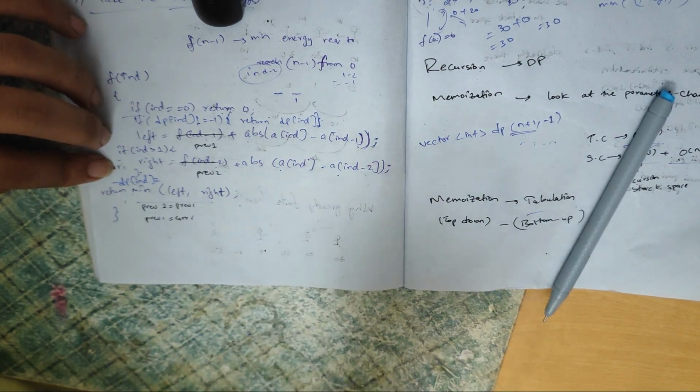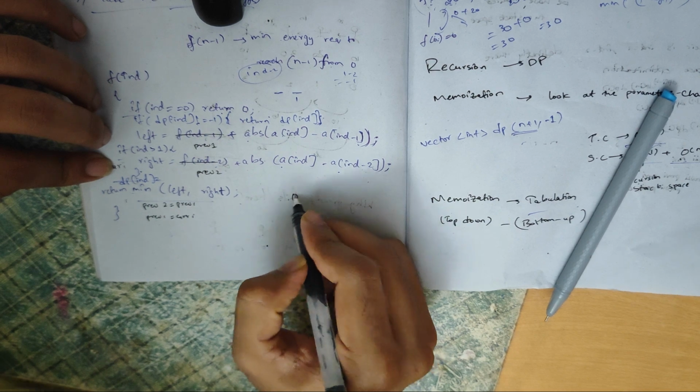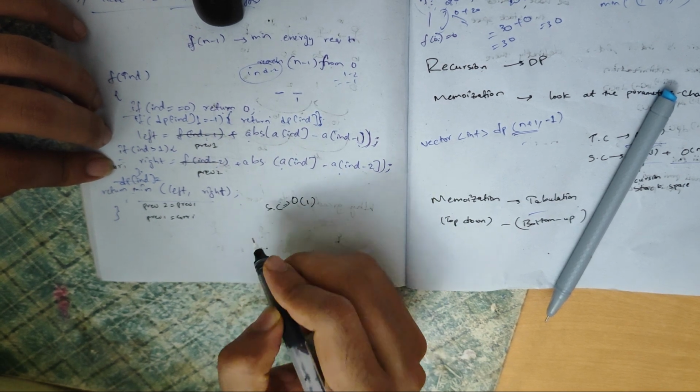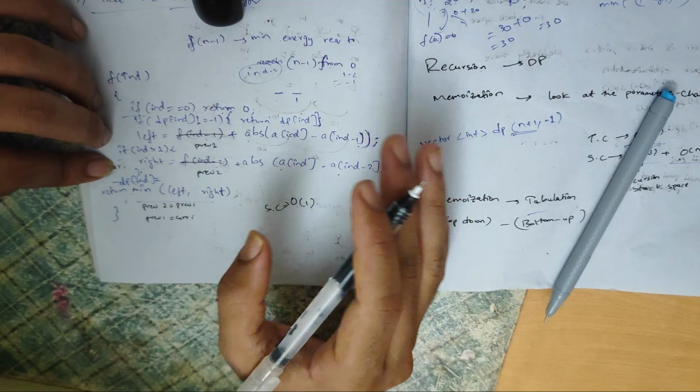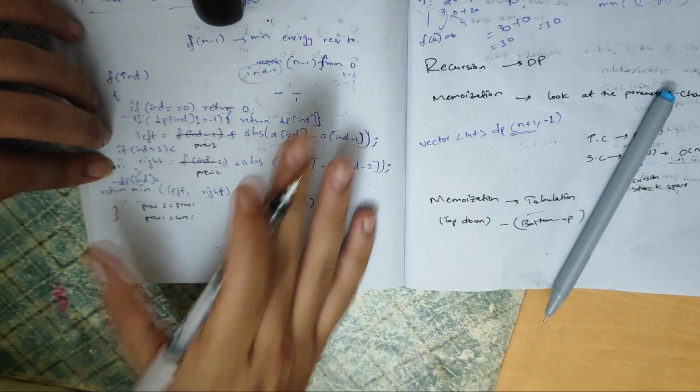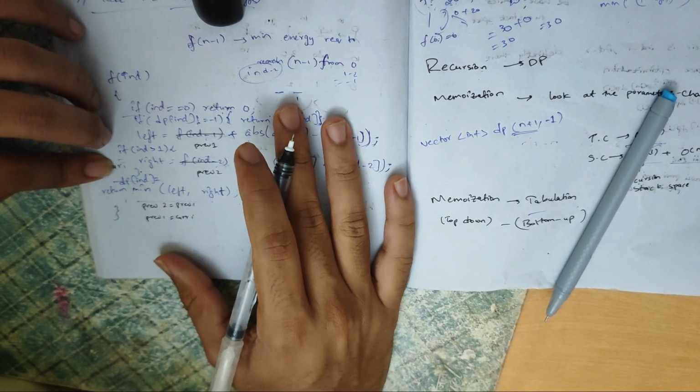In this case we get a space optimization to O of 1 space complexity. If the interviewer asks for O of 1 complexity, you can use this. It's a very nice method.